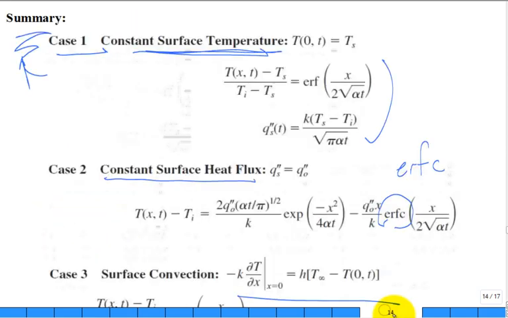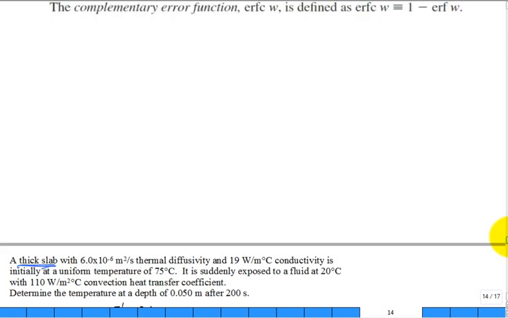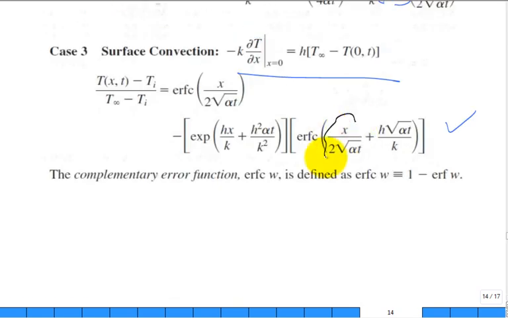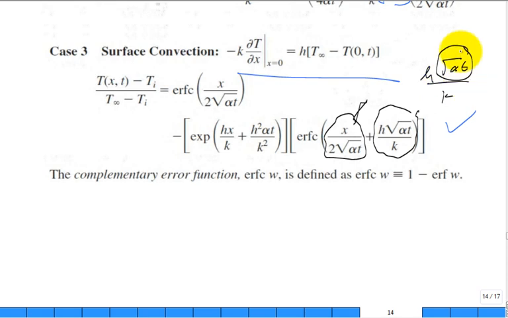You go back, you say, I need to be able to evaluate this group of parameters. What does that look like? x divided by 2 square root of alpha t. Our similarity variable, eta. That's what that is. You also have this parameter, h times the square root of alpha t divided by k. That square root of alpha t sure does look like a characteristic length.